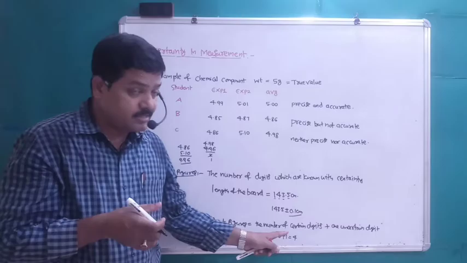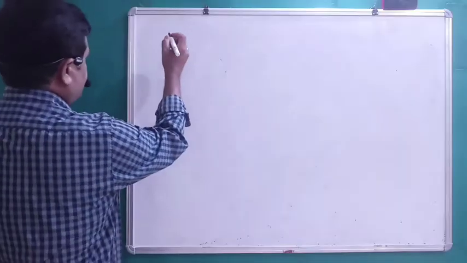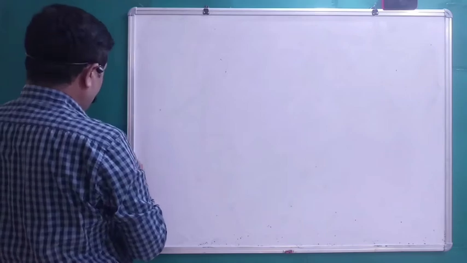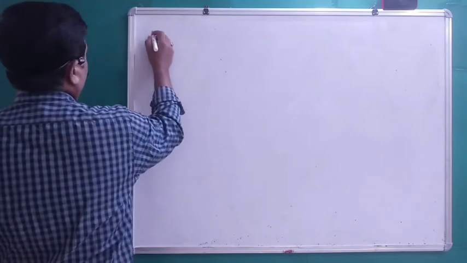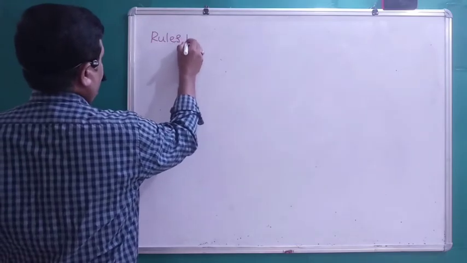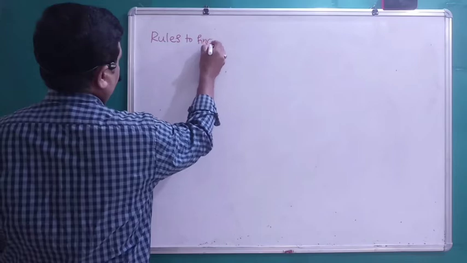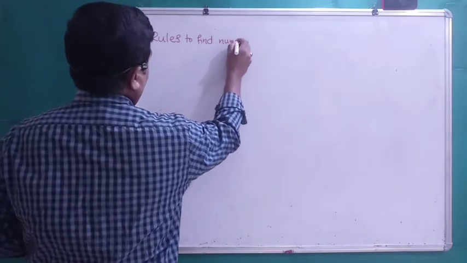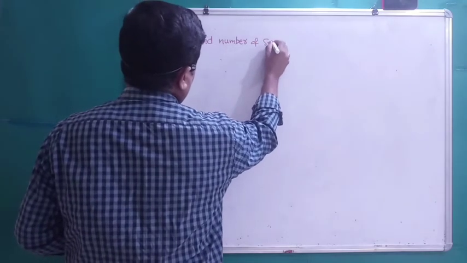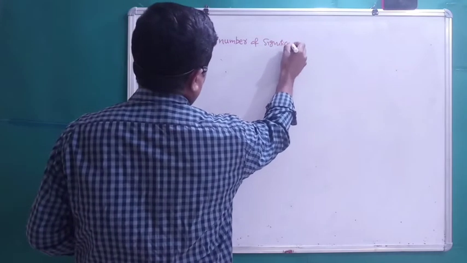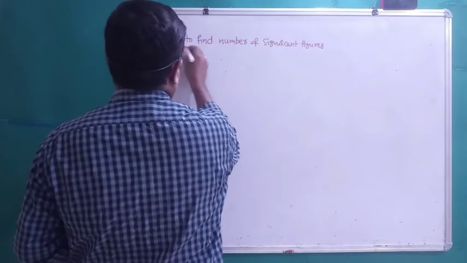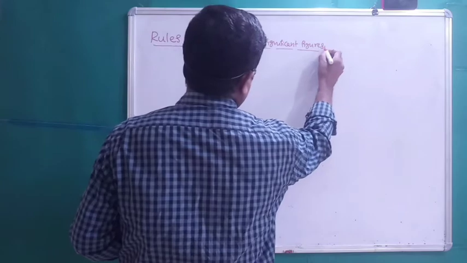There are some rules we will discuss now. Let us discuss the rules to find the number of significant figures, one by one.